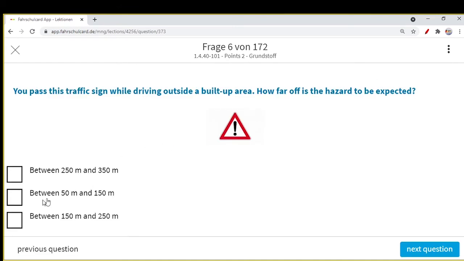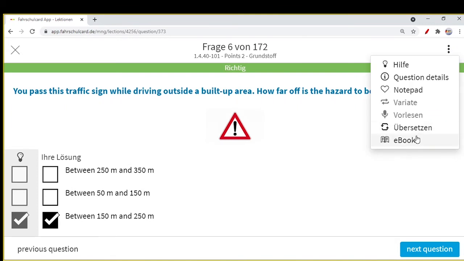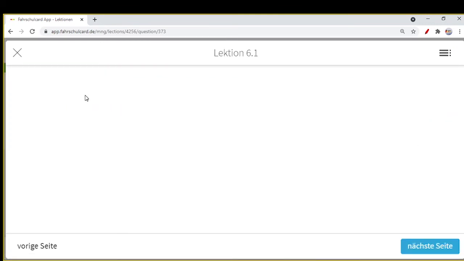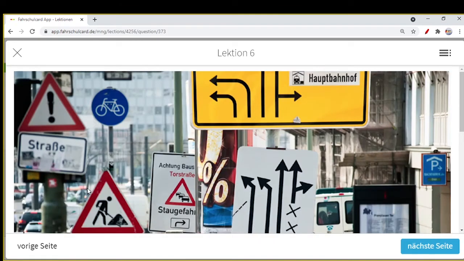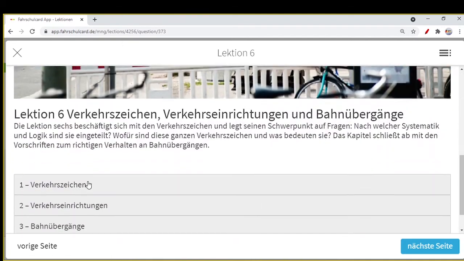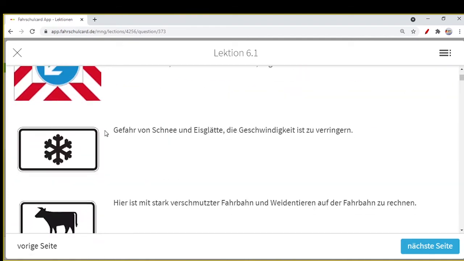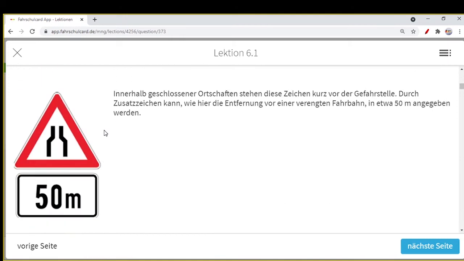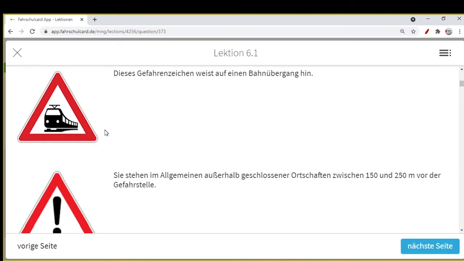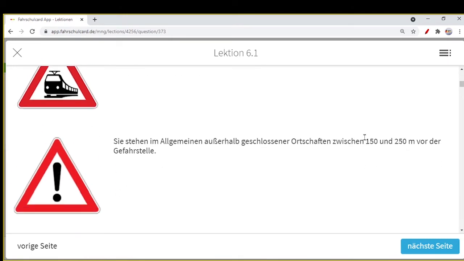So we can see here between 150 and 250 meters. If you want, you can also go to the ebook. Normally here we have an ebook, and there we can see the detailed explanation of all the traffic signs. If you want, you can also read over here. It is in German, but anyhow you can see here it is written that it's a 150 to 250 meter danger.